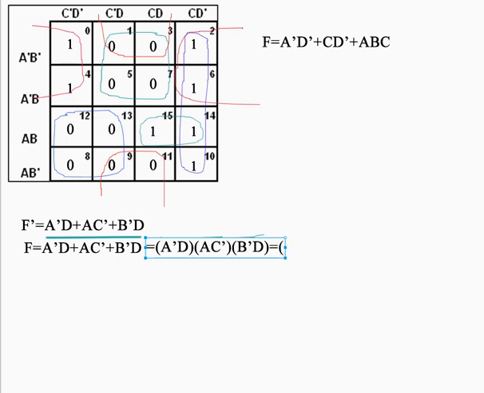The very first one becomes, I invert the variable and the ANDs become ORs. A and D naught. And then I have A naught or C, and then I have B or D.